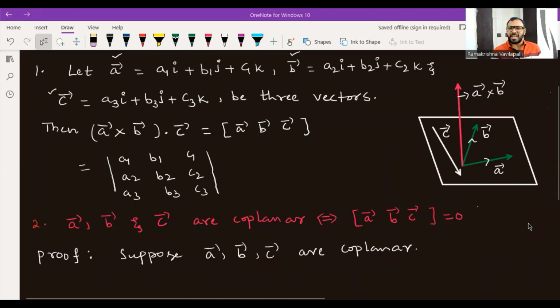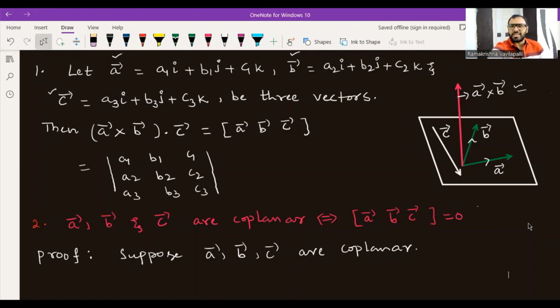So now you see C bar lies on the plane of A bar and B bar, and A bar cross B bar is normal to the plane. Normal to the plane means this is the plane and this is the normal. So now this pen is perpendicular to every line which lies on my palm. Similarly, A bar cross B bar is perpendicular to C bar.